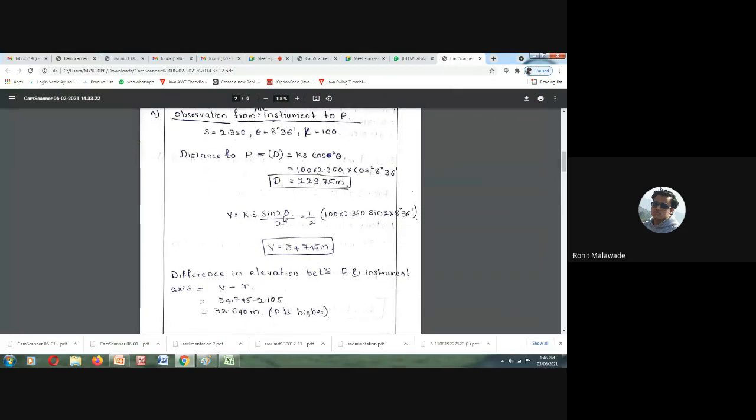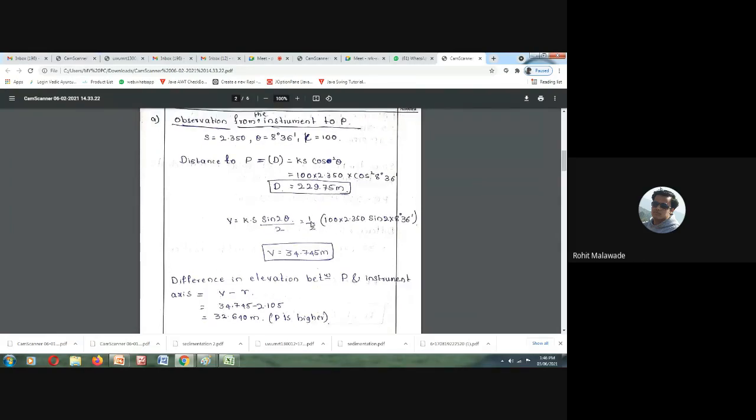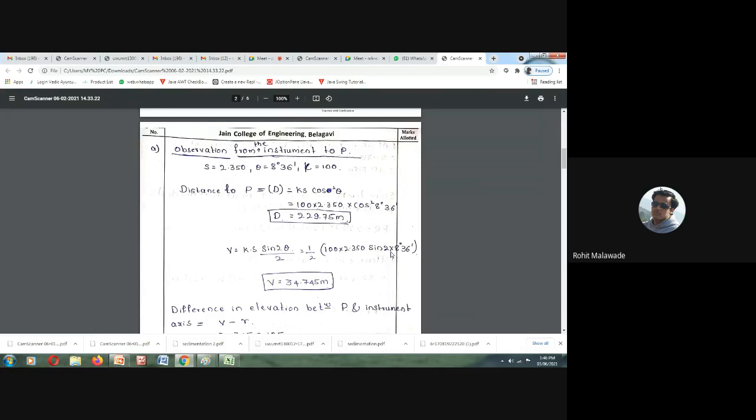So Ks sine 2 theta divided by 2, where one by two we take outside. K is 100, S we already know is 2.35, and theta is 8 degree 36 minutes.